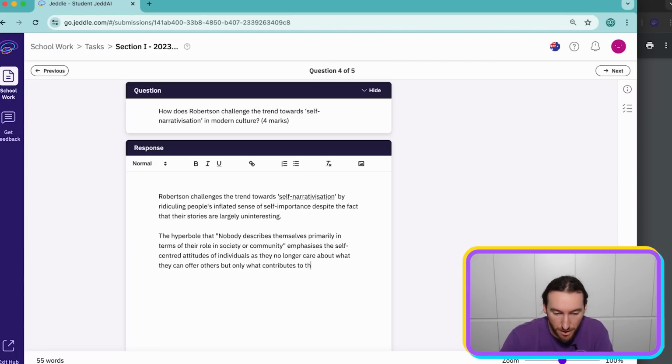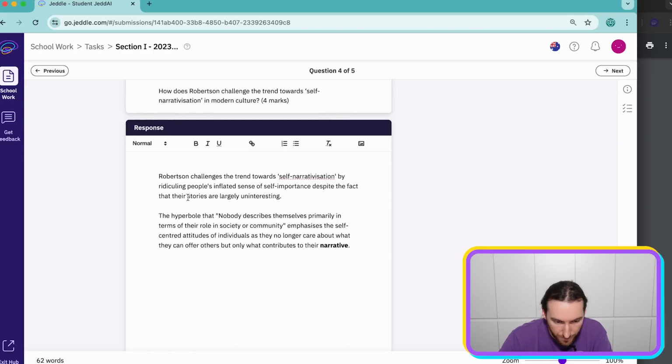Narrativization, narrative, or story. That would be fine as a link to the question. I'll go narrative here, but that there is our link. We don't have the self-assessment things coming up here, but narrative, let's put that in bold. That's our link to the question. And here are the stories. Put that in there as well. Okay, great.